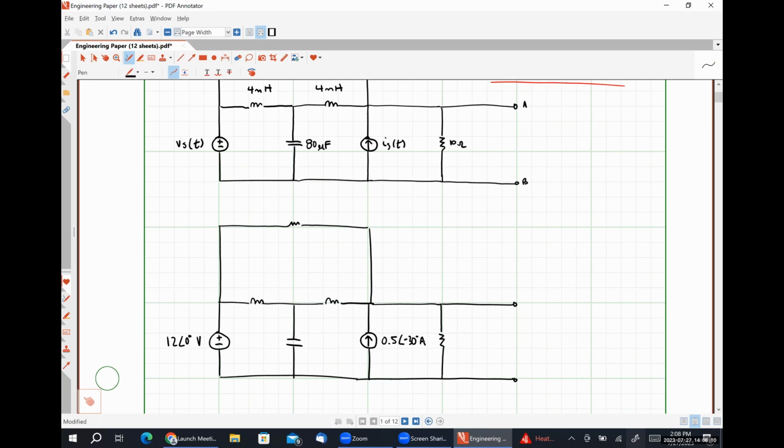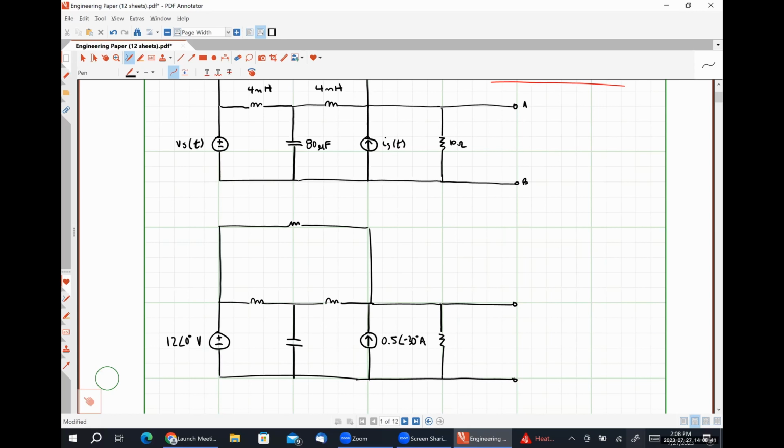So now let's work on converting all of our resistors, inductors, and capacitors into their impedances. So what is the equation for the impedance of a resistor? Generally, impedance equals V over I, but for a resistor, we're just in terms of resistance.